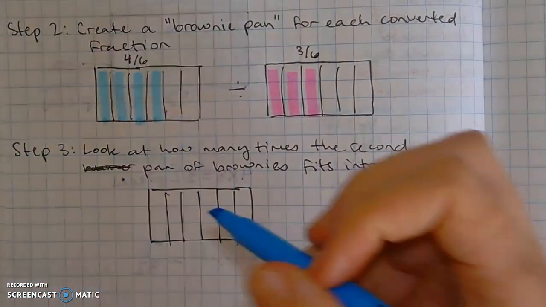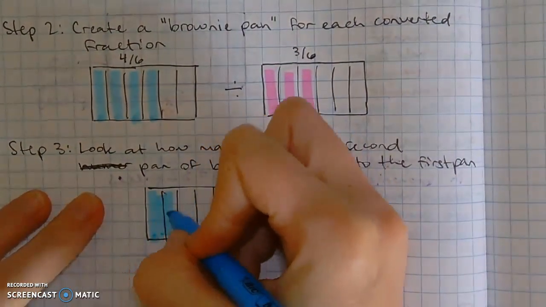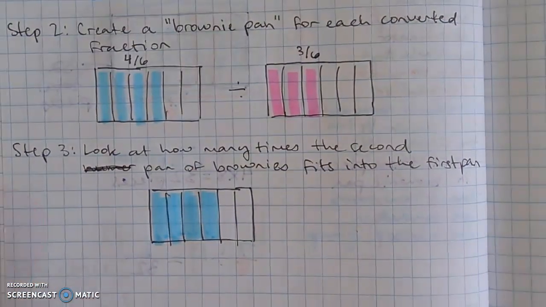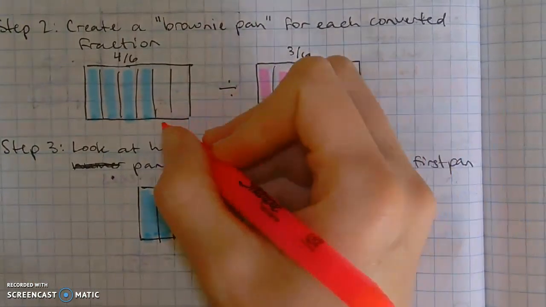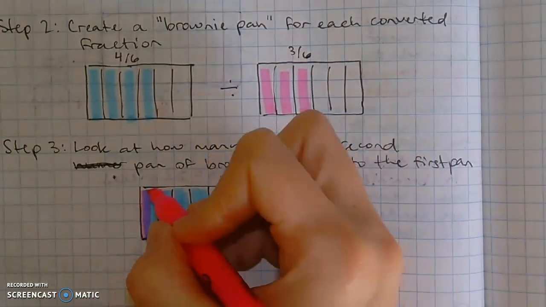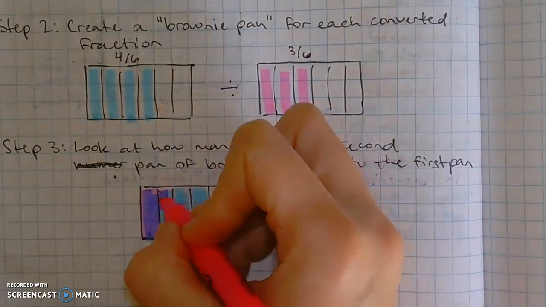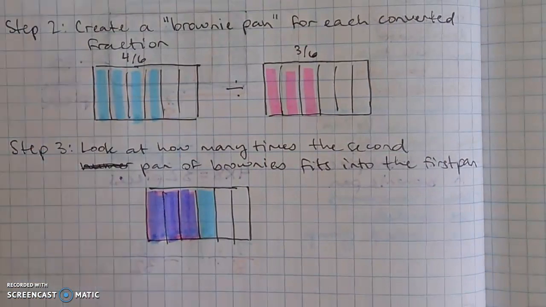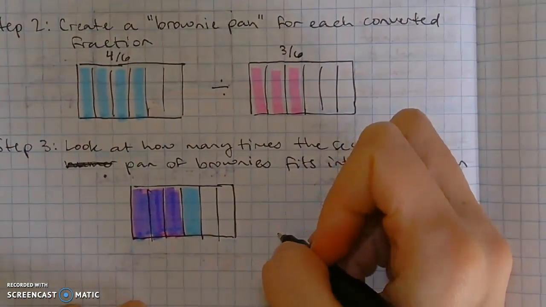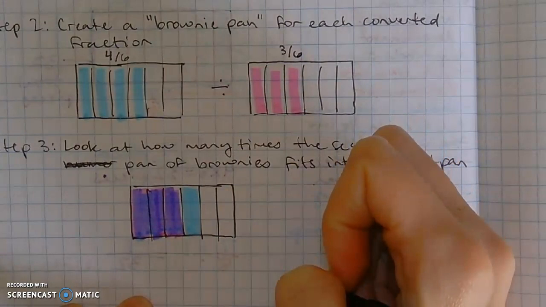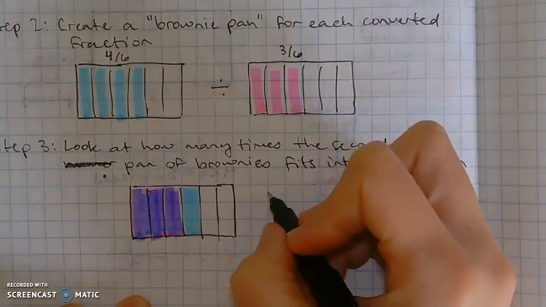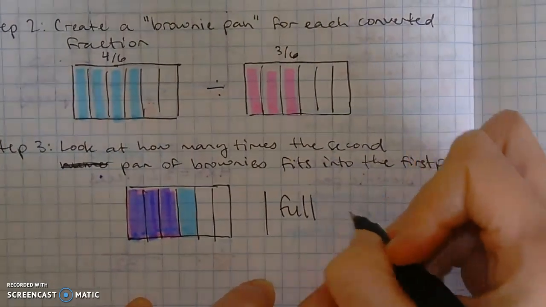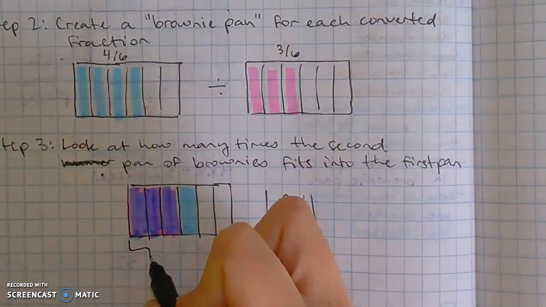So I'm going to do my blue first. And then I'm going to put this on top of this. So I'm going to see how many times it goes in here. So it goes 1 full time, so I have that 1 right there.